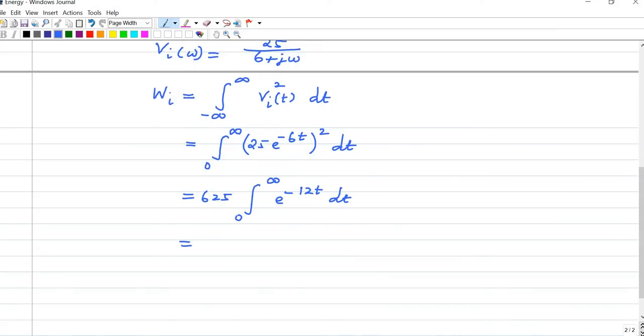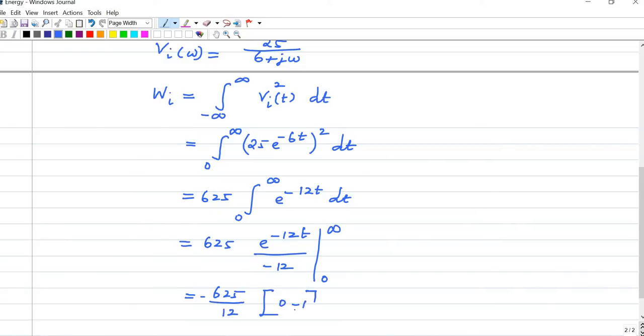So let us integrate and substitute the limit, 625 e power minus 120 t divided by minus 120. After integration, this is the result. If I substitute the upper limit e power minus infinity, I will get 0. If I substitute the lower limit, I will get 1. So if you want in 2 steps, I can write minus 625 divided by 120, 0 minus 1.